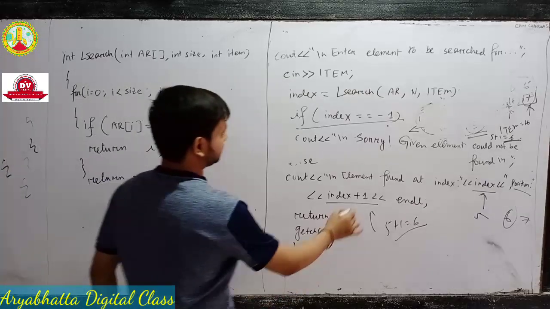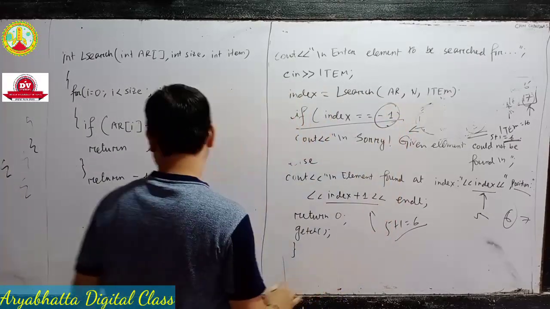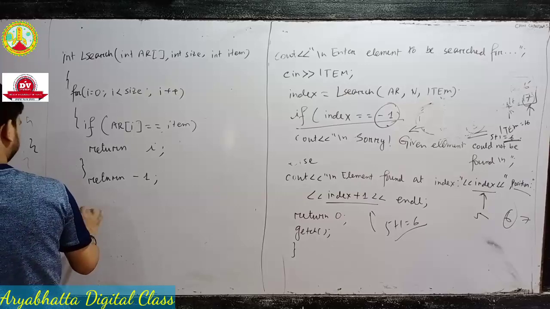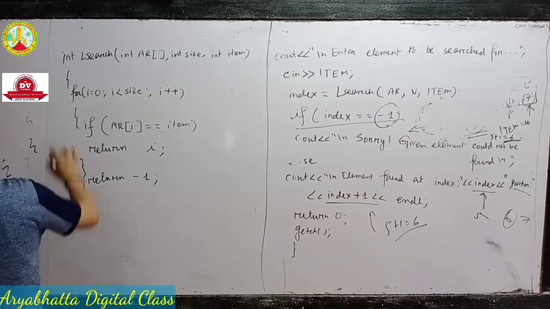Return -1 means the index is equal to -1, right?